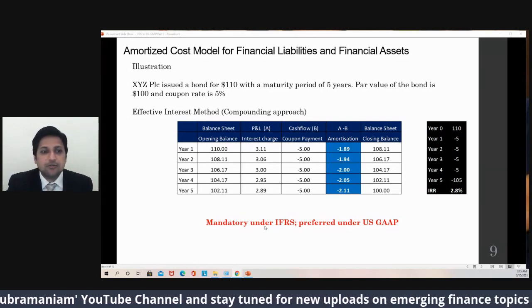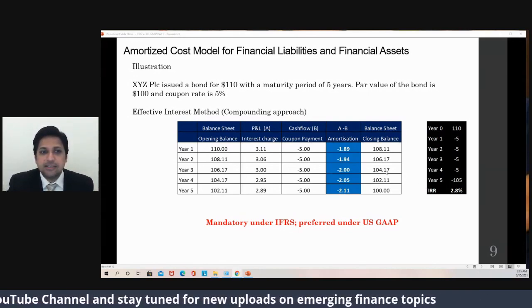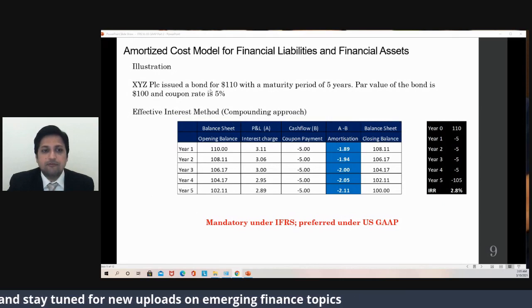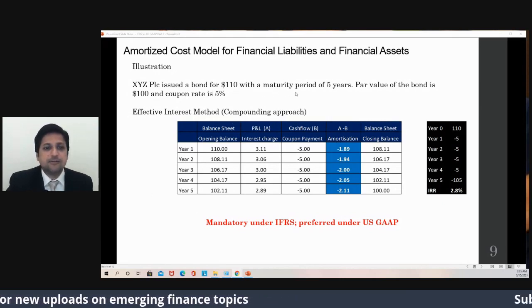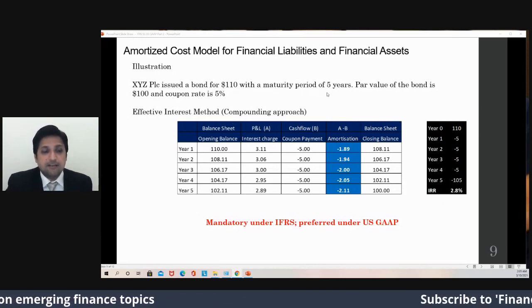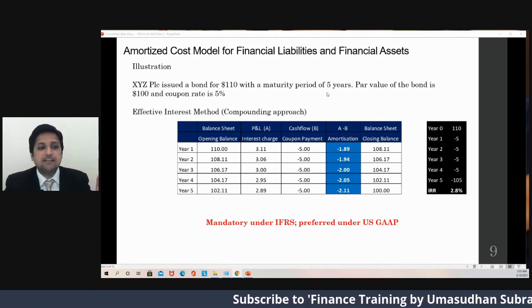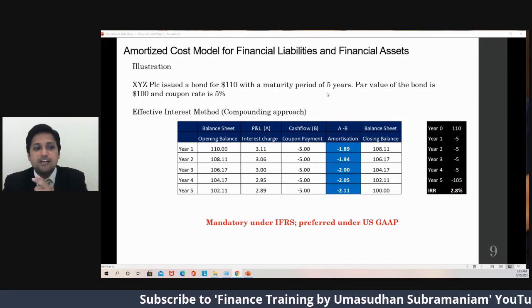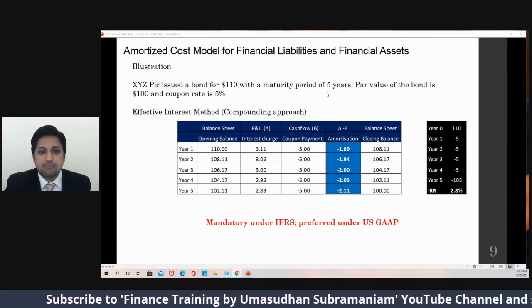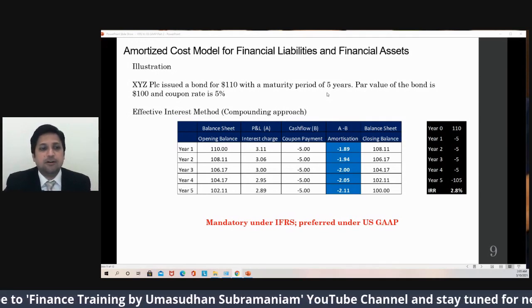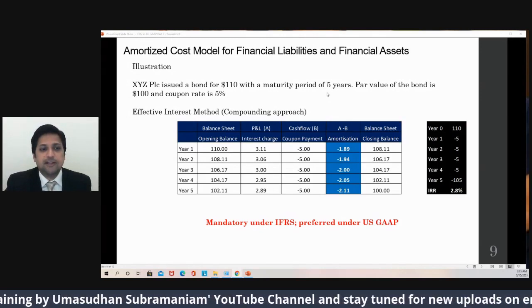So let's take a look at this example. XYZ PLC issued a bond for $110 with a maturity period of 5 years, which means the bond is issued at a premium that needs to be amortized using the effective interest rate method. The par value of the bond is $100 and the coupon rate is 5%.